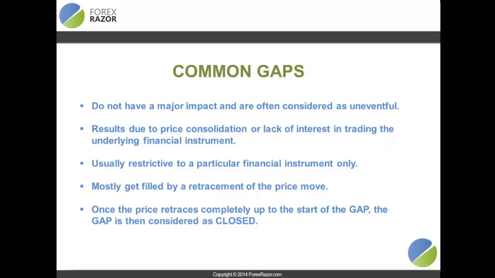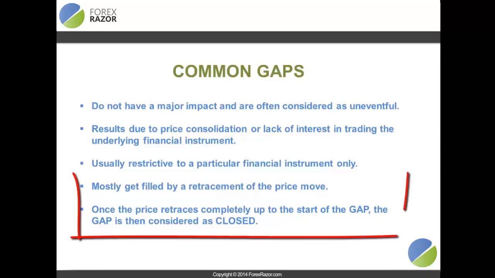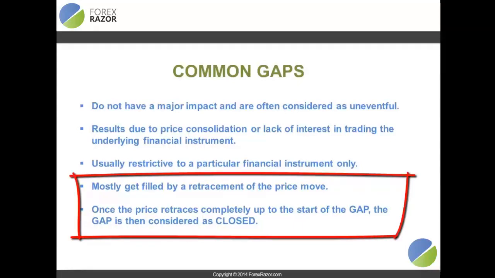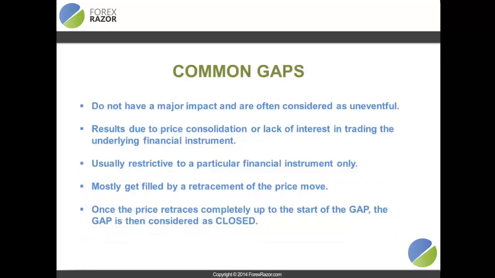The gap formation is mostly followed by the price retracement back towards the starting point of the gap. This is referred to as the gap being filled or closed. This provides traders with the opportunity to trade the financial instrument in the direction of the price retracement.